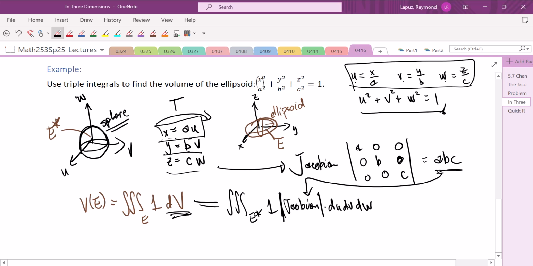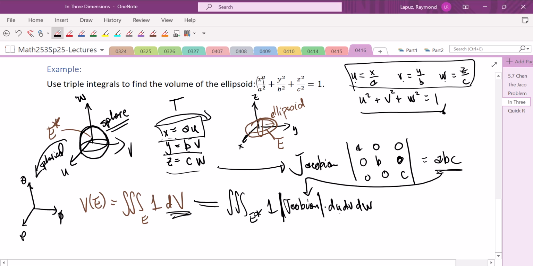Now this is a sphere, so we're kind of doing another change of variable. We're going to go to spherical coordinates. Instead of x, y, z, though, we're going to use u, v, and w. We're going to do another transformation, a spherical coordinate transformation, where we have rho, phi, and theta.